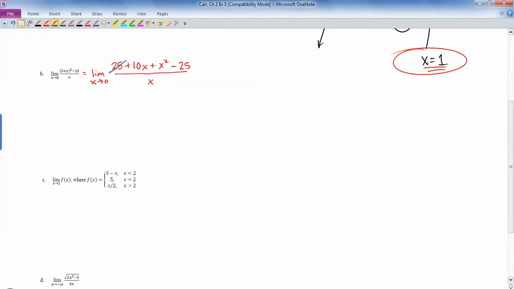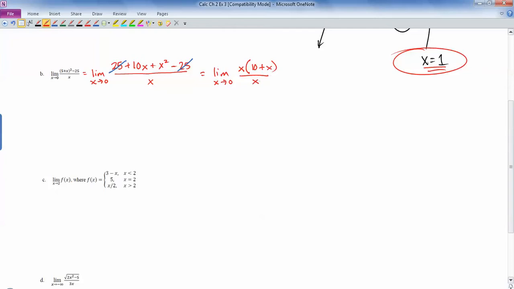And then the 25s are going to cancel because one's positive, one's negative. And I'm going to get the limit as x goes to 0 of x squared plus 10x, which is the same thing. If I factor out an x, I get 10 plus x all over x.